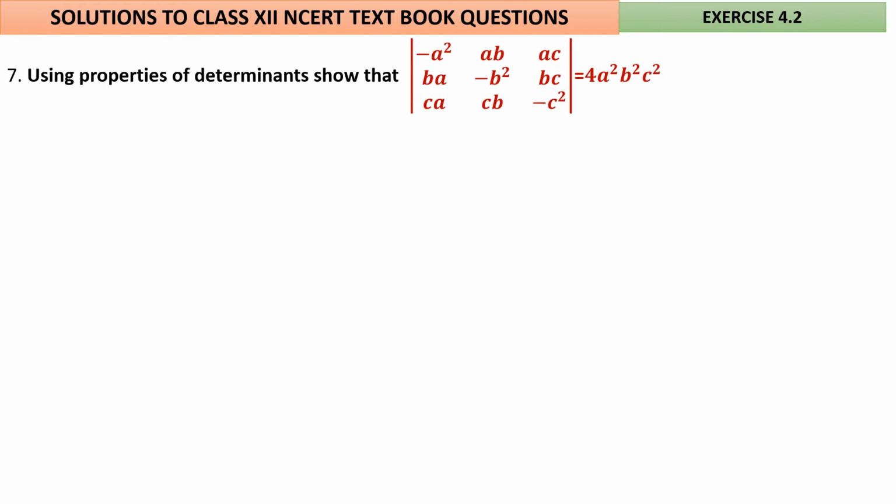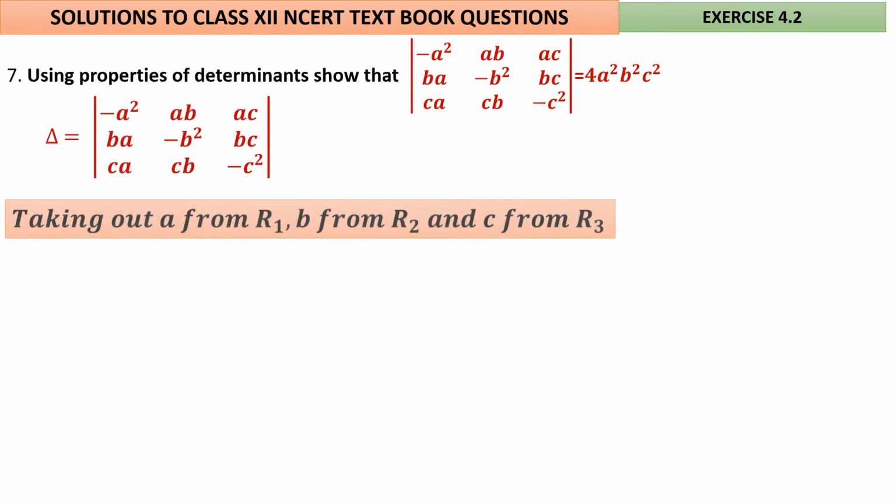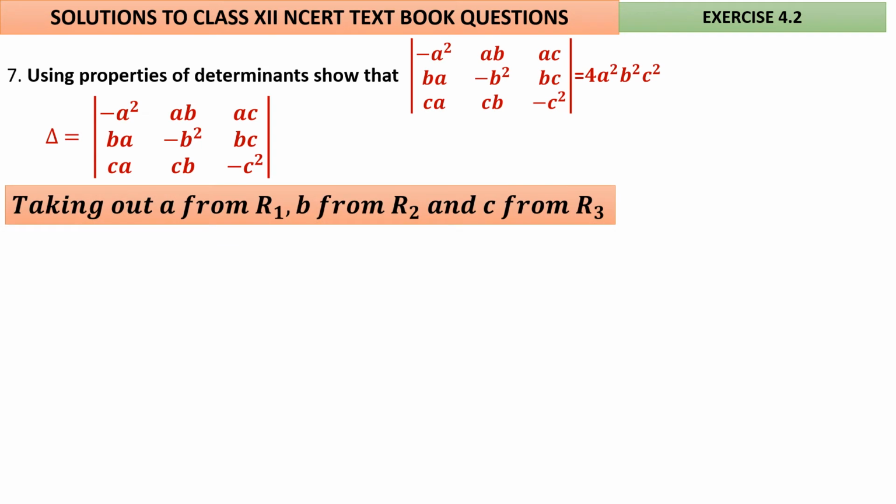Let us see now. I am taking out a from R1, b from R2 and c from R3. So which will come out now? a, b, c will come out. Therefore, a has come out from R1, b has come out from R2, c has come out from R3.